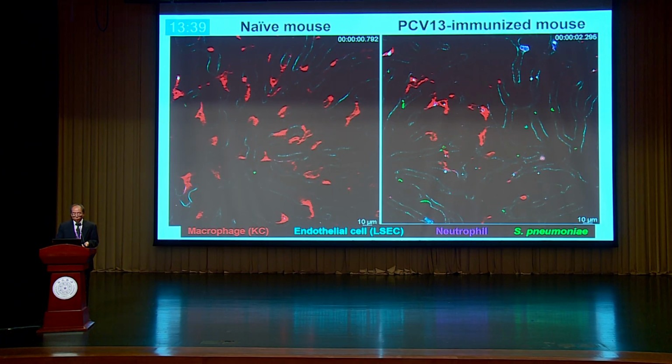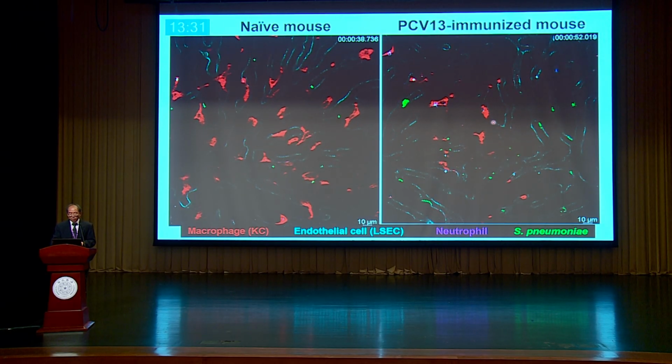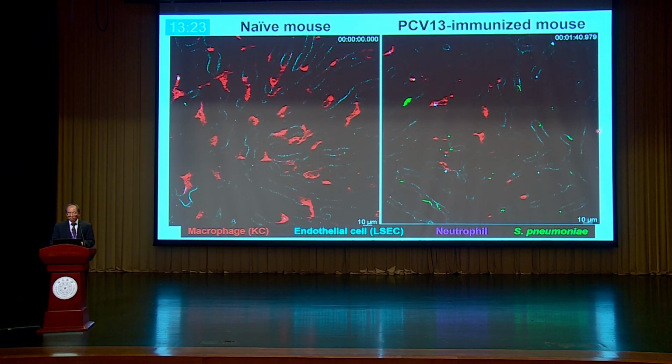Okay, so I'll just show the movie. On the left is the unimmunized mice, with the same type of intravital microscopy. You see, this is right. It's the PCV immunized mice. The bacteria either stick to phagocytes, to macrophages, but most of them stick to the blood vessel.